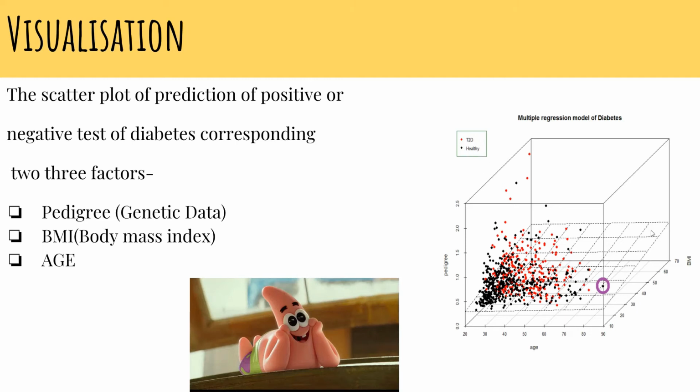What the hyperplane does is that it cuts this cube in a particular fashion, so that it divides our data points, and when we input new data corresponding to BMI, age, and pedigree, the hyperplane predicts if this is a healthy or an infected patient, and that's what a regression does. It basically gives you the idea and it classifies both of them.